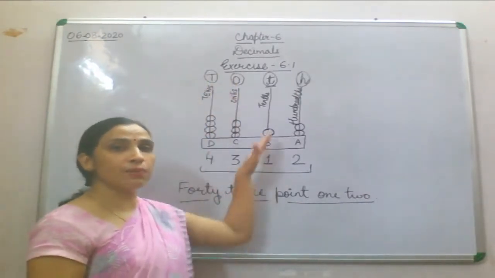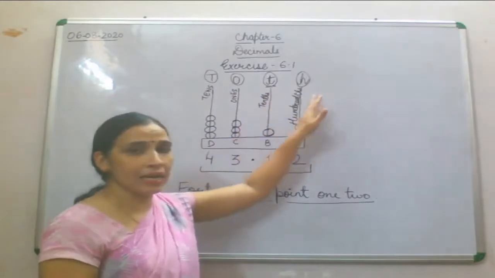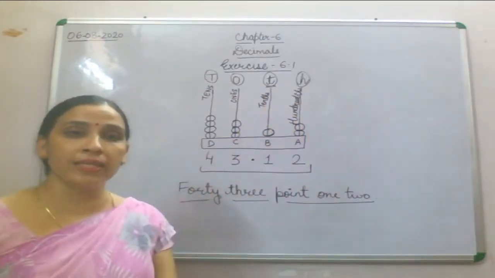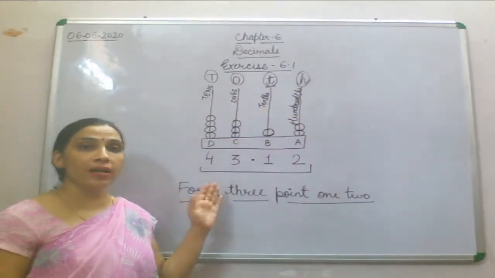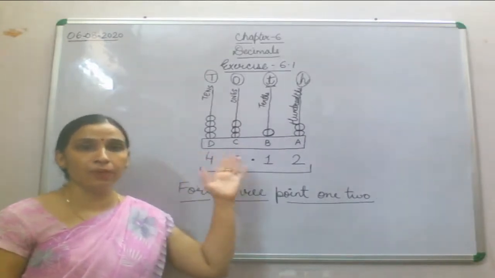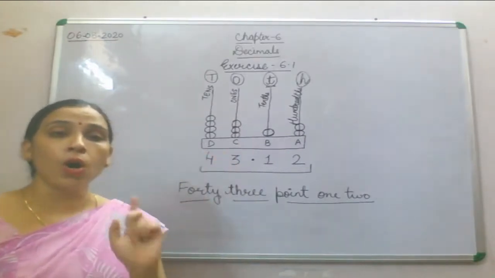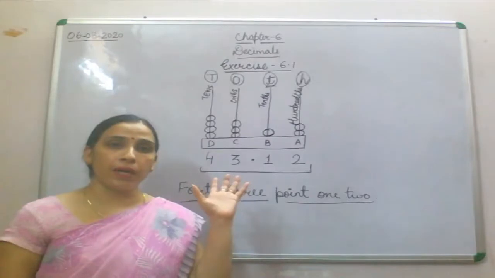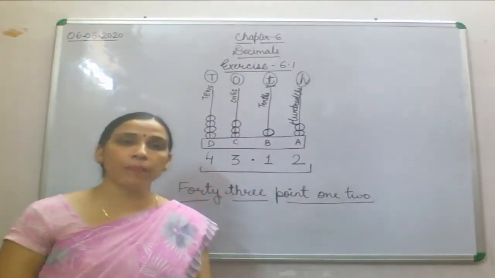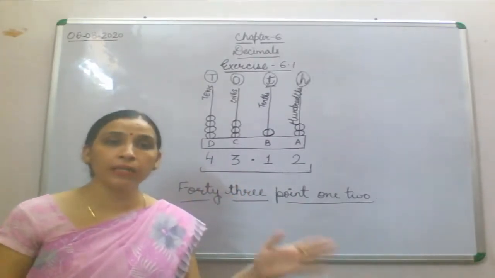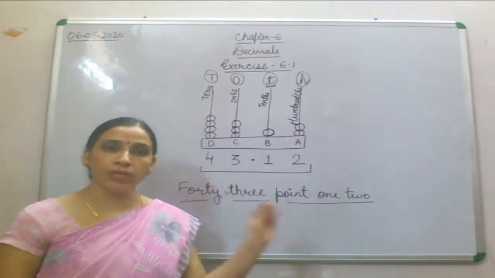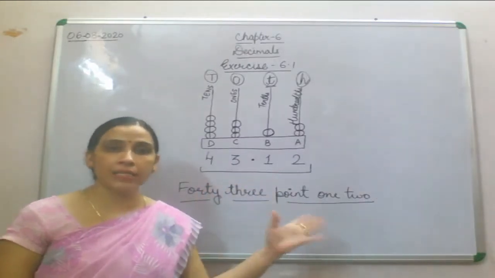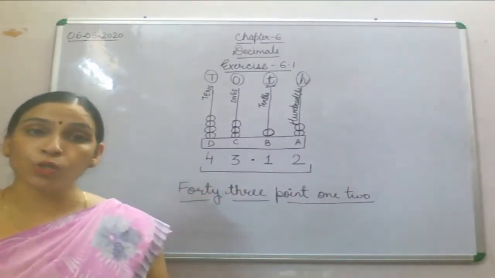And you can represent a decimal number on the abacus, or if a number is already given on the abacus, you can write it in words or in decimal form.